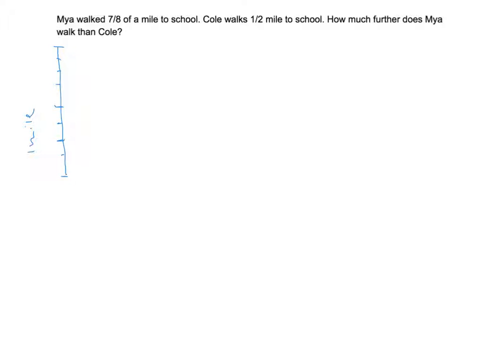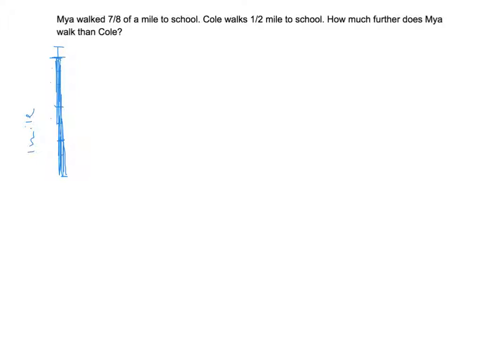If this is 1, 2, 3, 4, 5, 6, 7/8, she walked 7/8 of a mile. It's going to come all the way up to here. So this is representing Maya's walk.